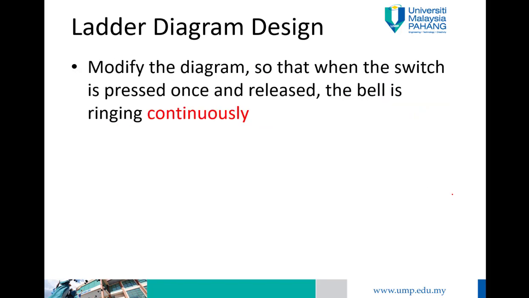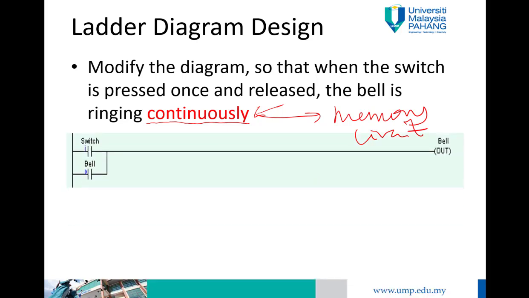Then modify the diagram so that when the switch is pressed once and released, the bell keeps ringing continuously. So here we need to give a continuous output. If you still remember, for this purpose we need to use the memory circuit. So we have the switch, we have the output, the bell, and we put one latch here, or the memory circuit.